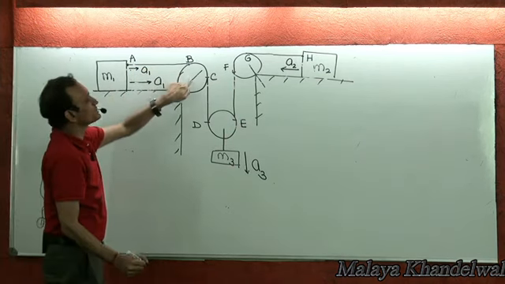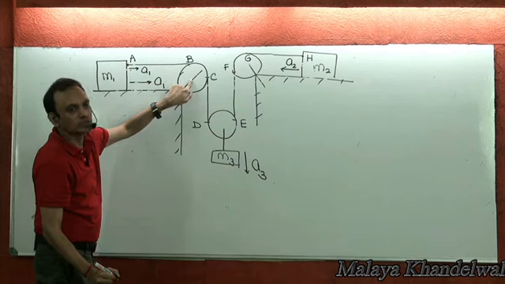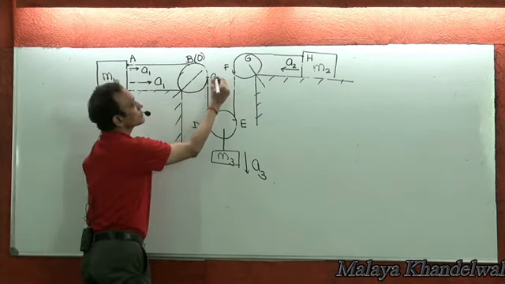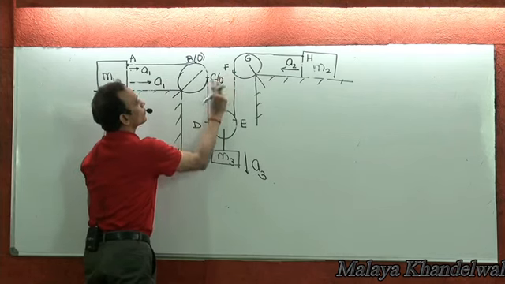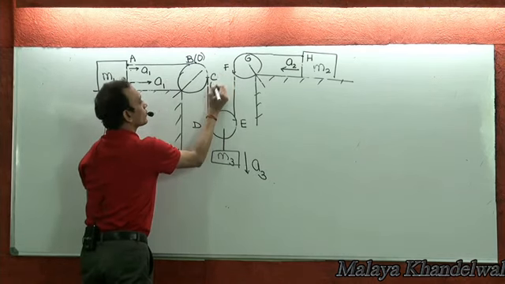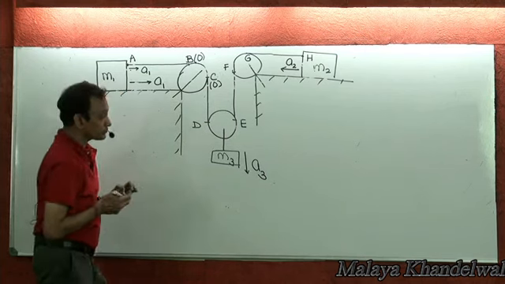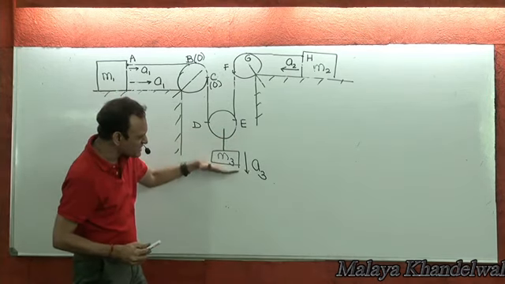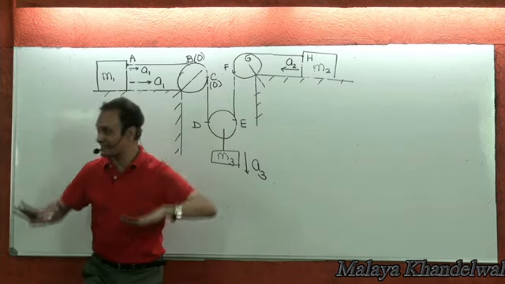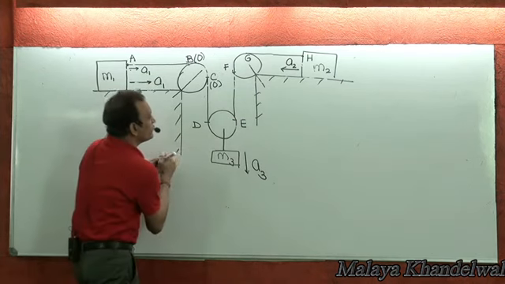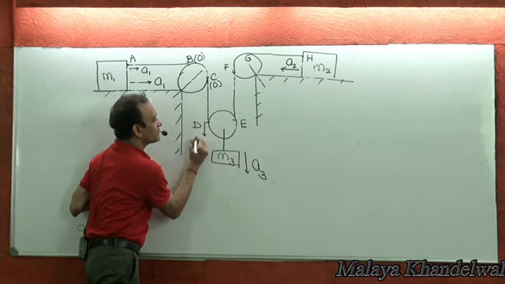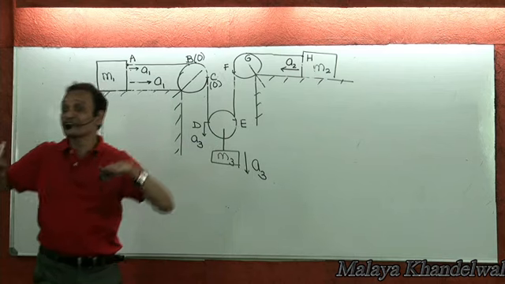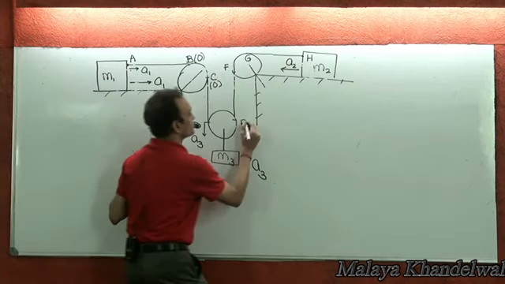What would I assign to B? This is a fixed pulley. 0. What would I assign to C? Now, this mass is integral with this pulley. So if this mass has an acceleration A3 downwards, this pulley also has an acceleration A3 downwards. So D would have an acceleration A3 downwards. E would have an acceleration A3 downwards. Very good.